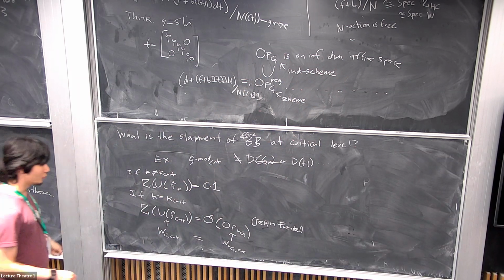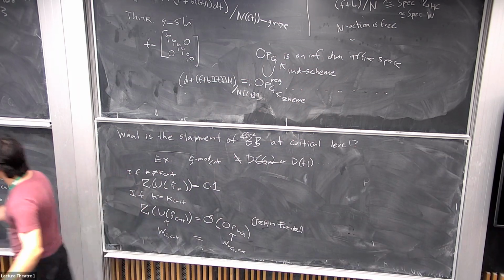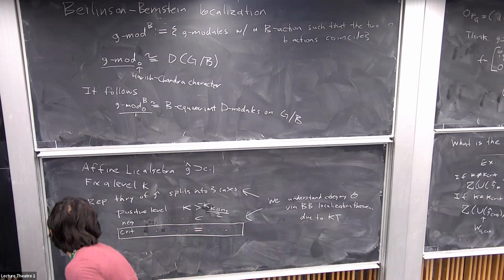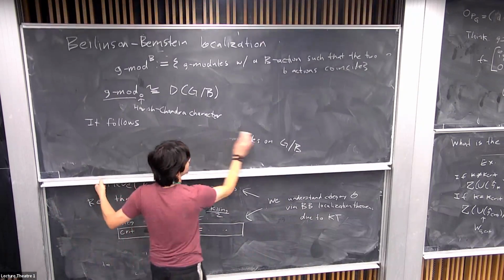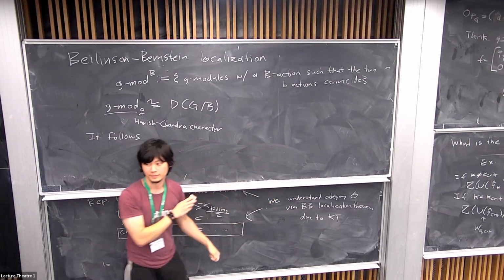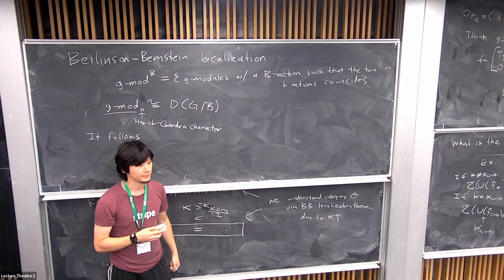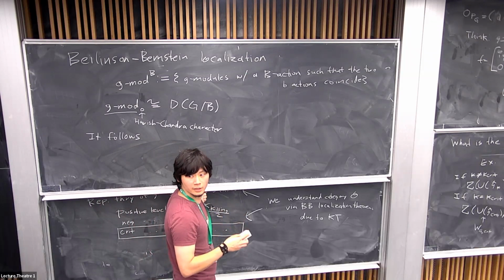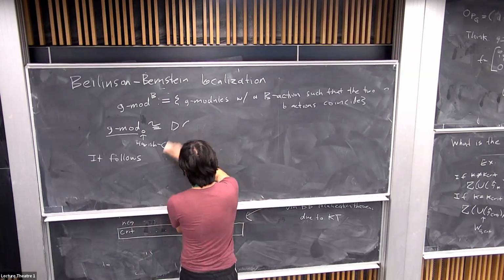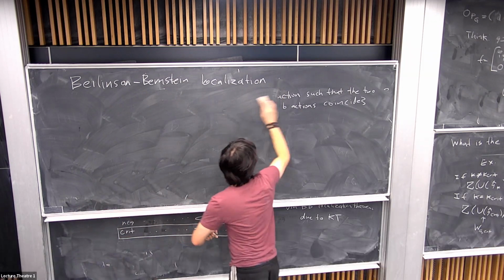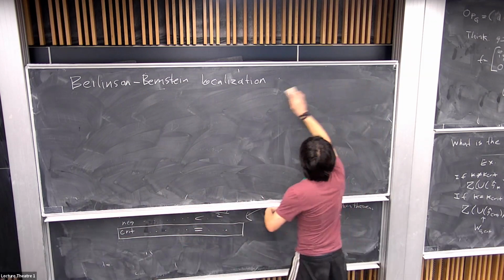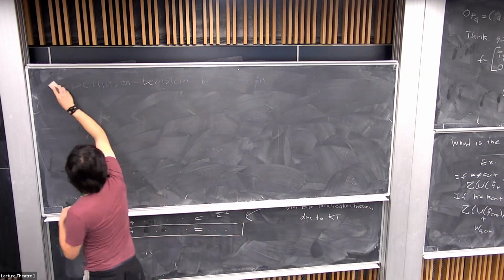Okay. Where did the eraser go? Oh, it's right there. Any questions so far? So, the first obstacle, let's start by trying to write down the affine Beilinson-Bernstein statement.